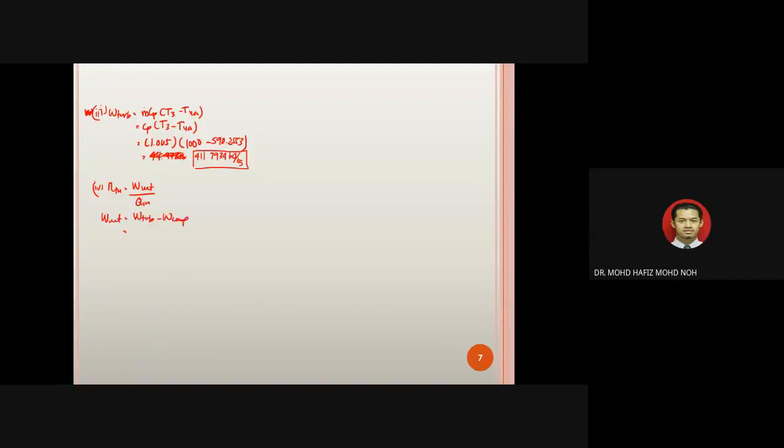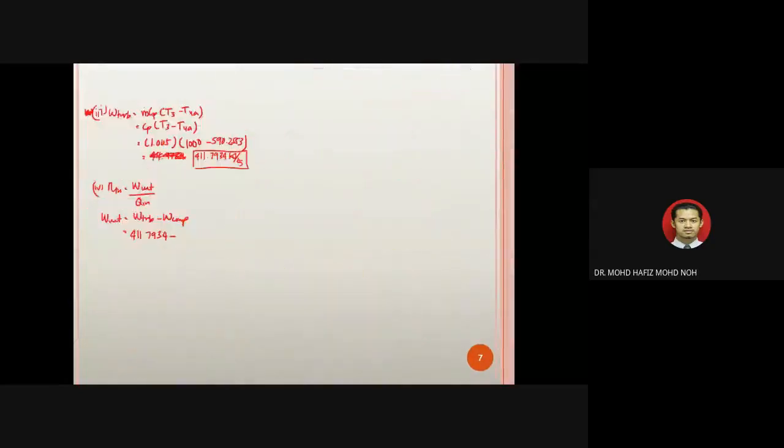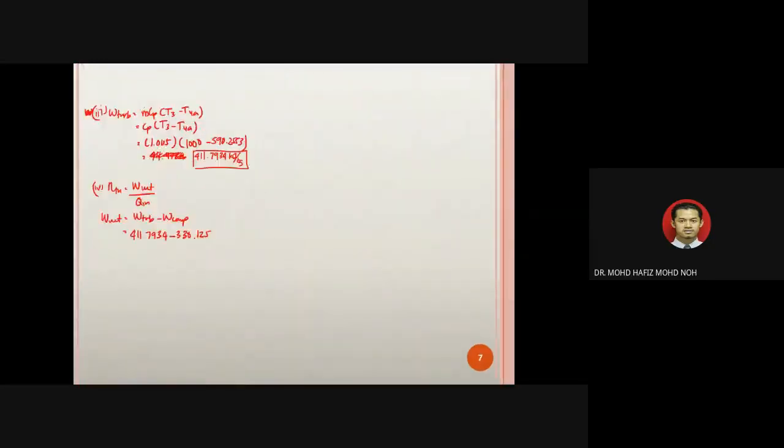So W turbine is 411.7934 minus W compressor. So W compressor is 330.124. From here you can get the value of W net.